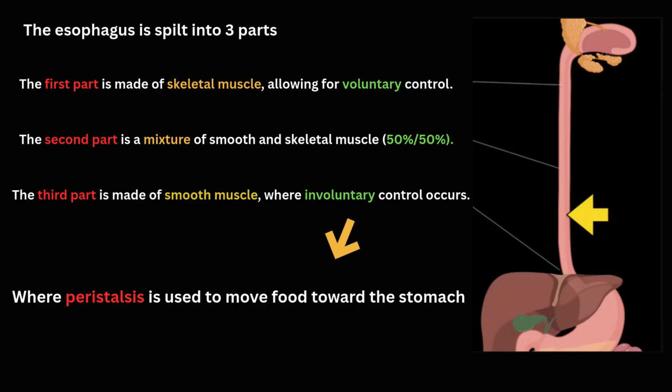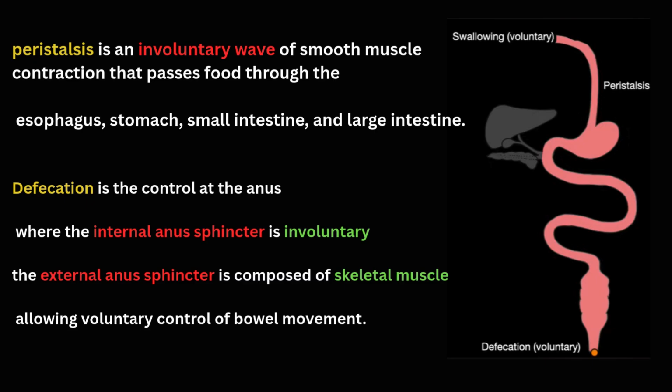That's why we have a movement called peristalsis. Peristalsis is basically the process of moving food through the esophagus, the stomach, the small intestine, and the large intestine. It's an involuntary wave of smooth muscle contraction that passes food along.